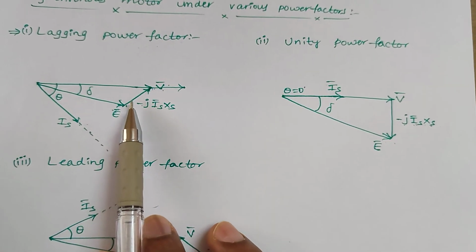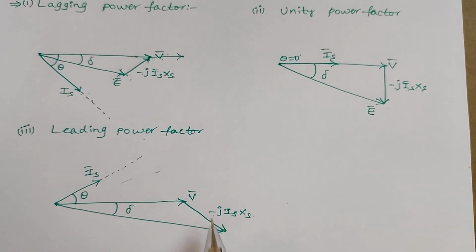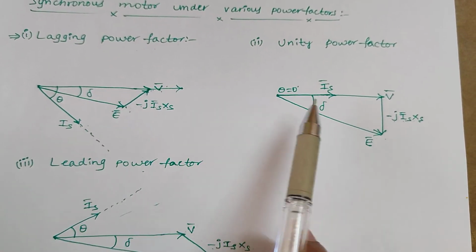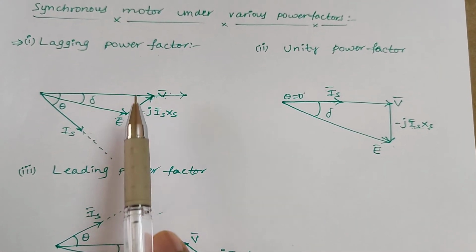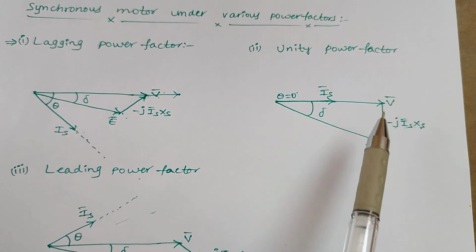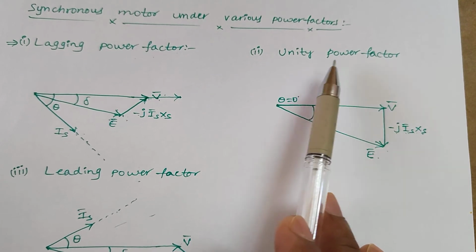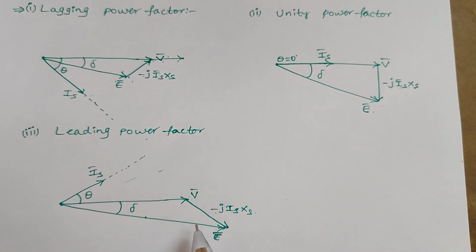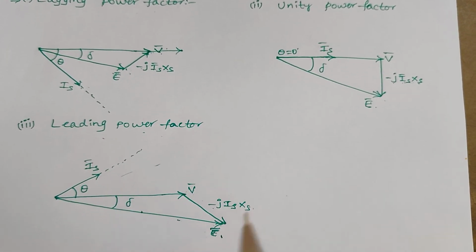Based on this under excitation, moderate excitation, over excitation, your delta angle is varying. Under excitation, the synchronous motor operates at lagging power factor. At moderate excitation, it operates at unity power factor. And at over excitation, it operates at leading power factor.